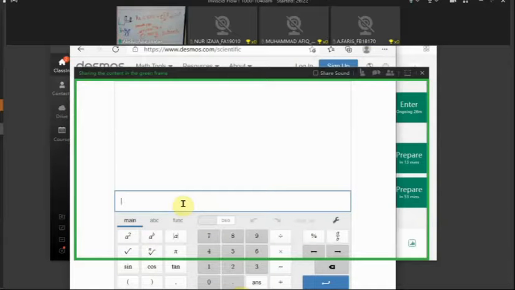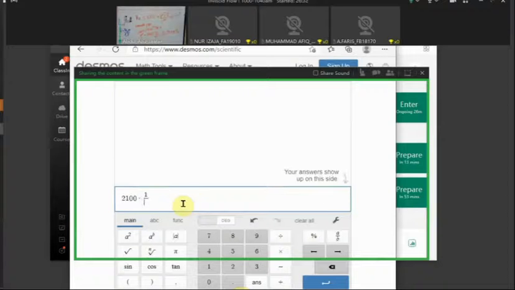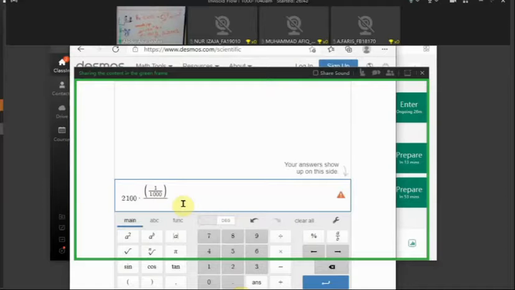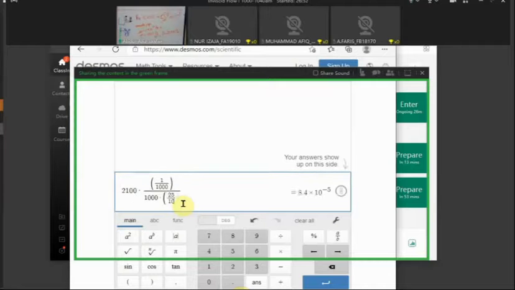So we have 2100 times the dynamic viscosity 1 divided by 1000, and then divide by the density 1000, and then multiply by the diameter, which is 25 mm, divided by 1000. So the average velocity is 0.084 meter per second.